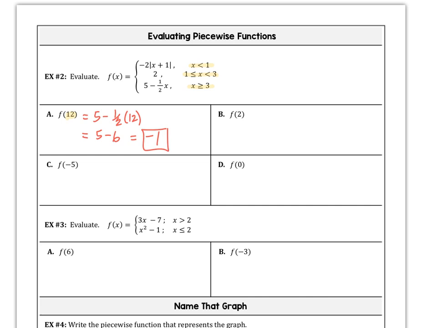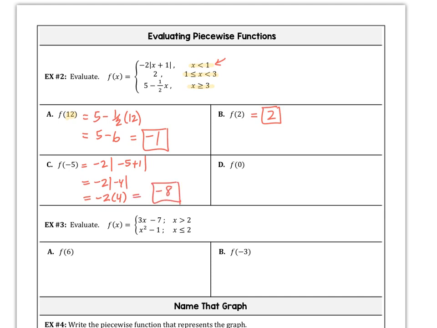If f of 2, that means x is 2. I'm going to use that middle one there. So that's just 2. There's really not anything to plug in, so that's just 2. That one's nice. Okay, so if I have f of -5, -5 is less than 1, so I'm using this top one here. So this would be -2 times the absolute value of -5 plus 1, which is -2 times the absolute value of -4, which is -2 times 4, which will be -8.